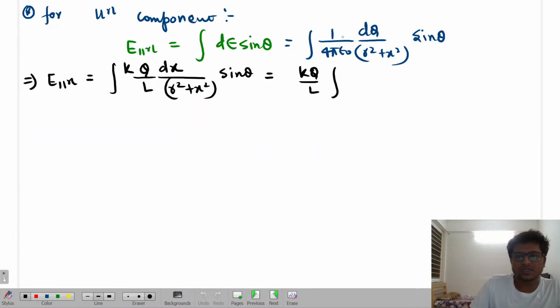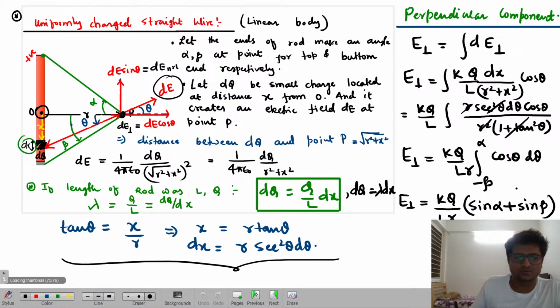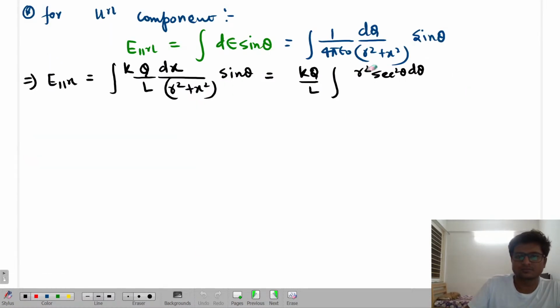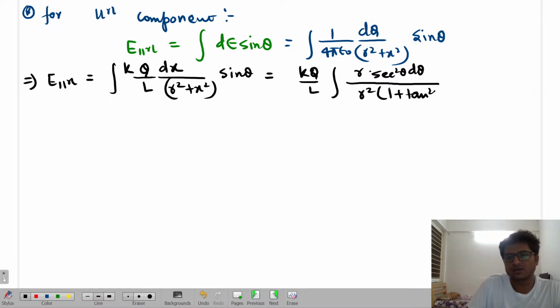So I can show you. dx is r sec square theta d theta, not r square, r only. And then r square plus x square is nothing but r square common, 1 plus tan square theta.